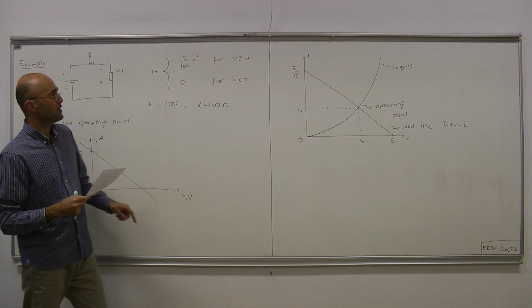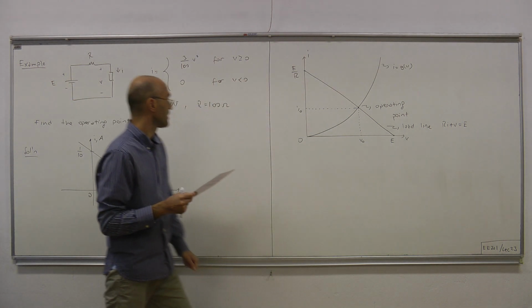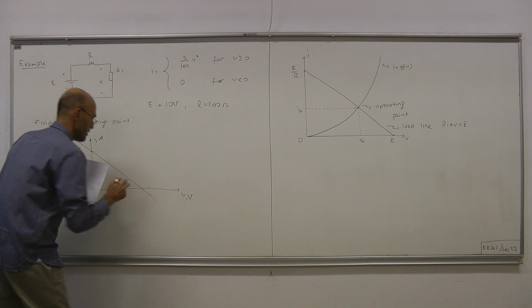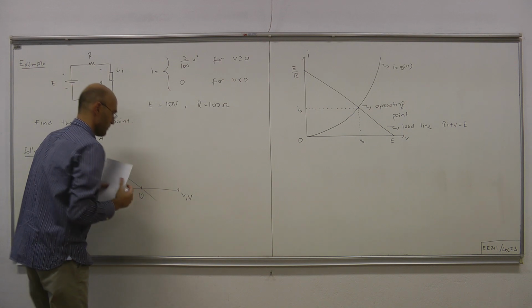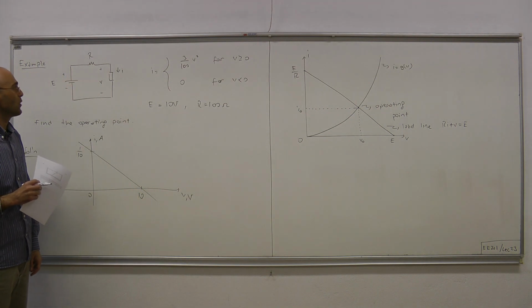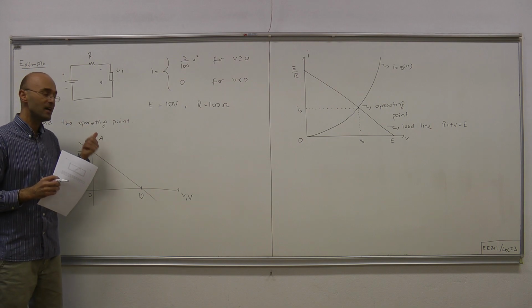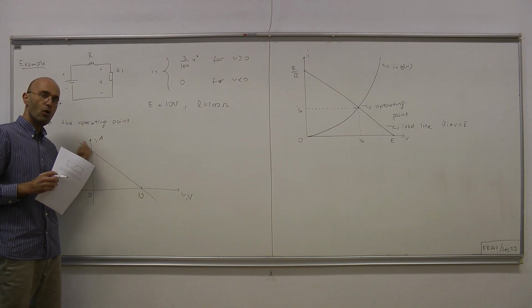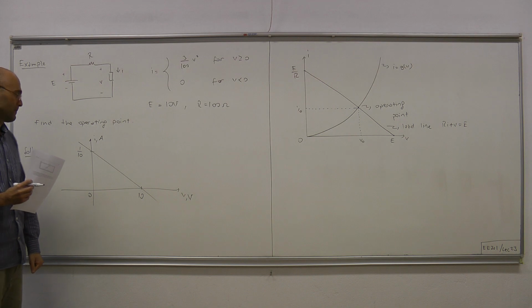As for this point, it's directly E, which is given to be 10 volts. So whatever the operating point is, it must be somewhere on this line, which we call the load line.